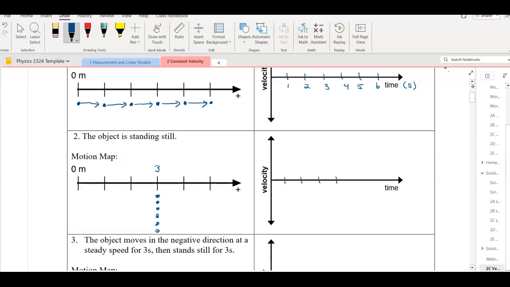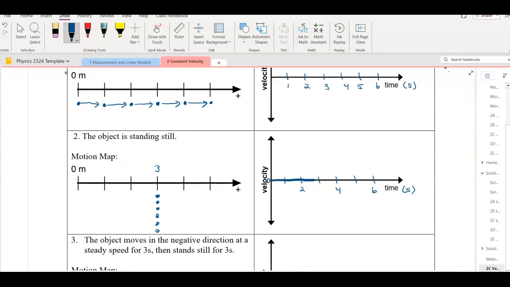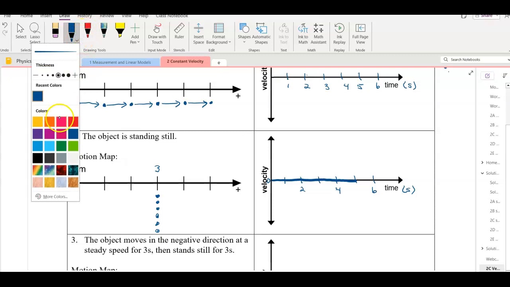So since it's not moving, the velocity is 0. And so I'm going to show the velocity versus time graph as just a horizontal line, and it's for 5 seconds with a value of 0 meters per second.